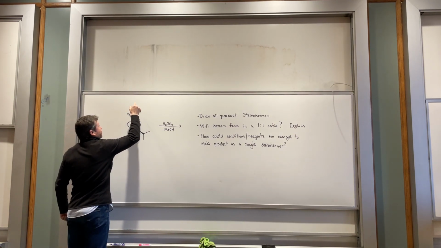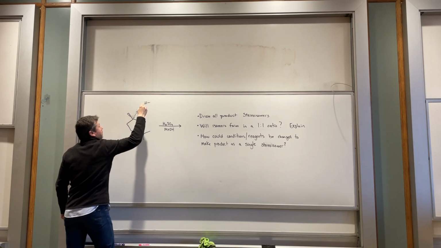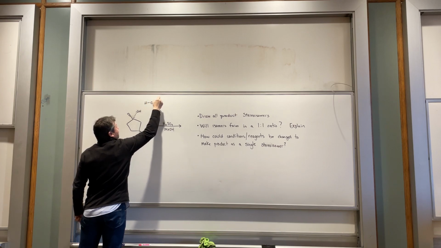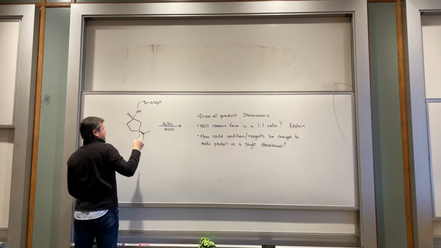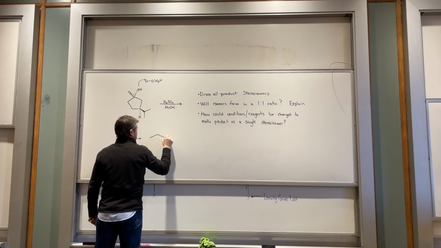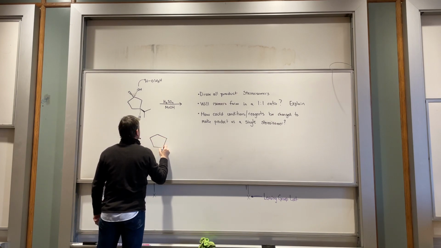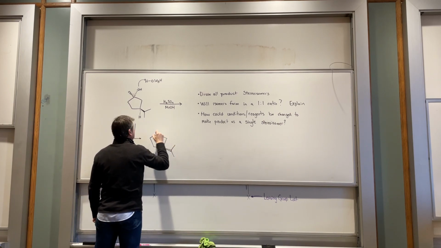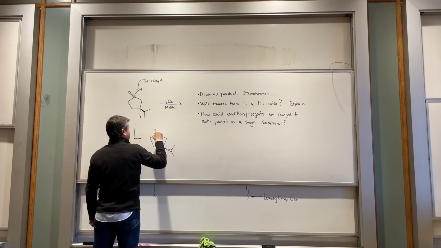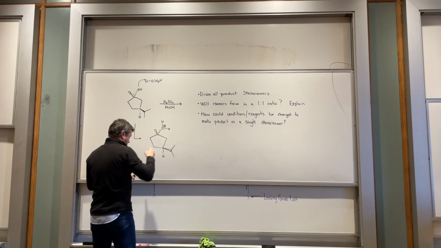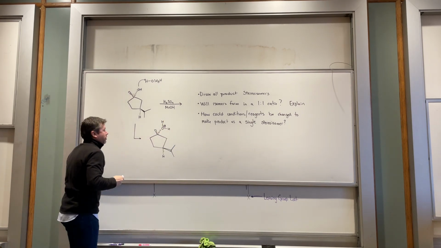So we're going to first protonate the alcohol, the hydroxy group of the alcohol. That is going to give a water-leaving group.